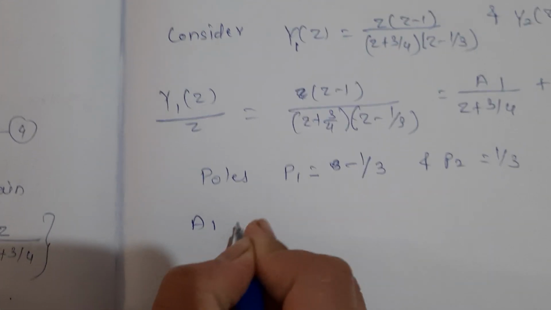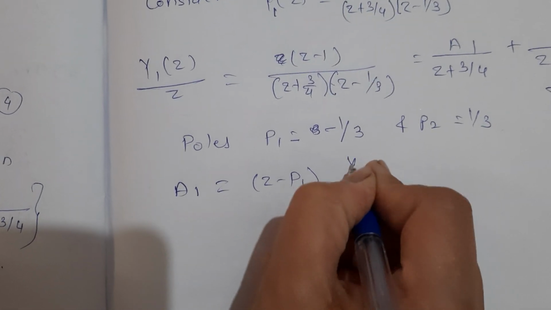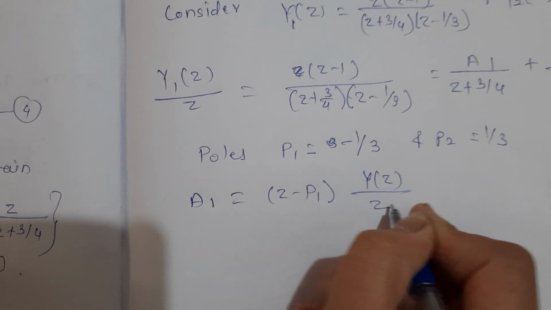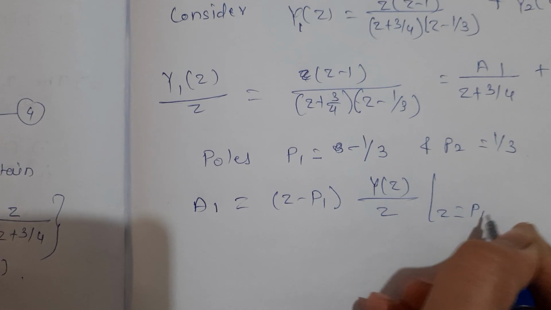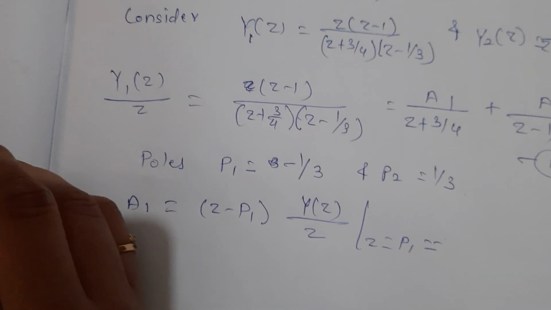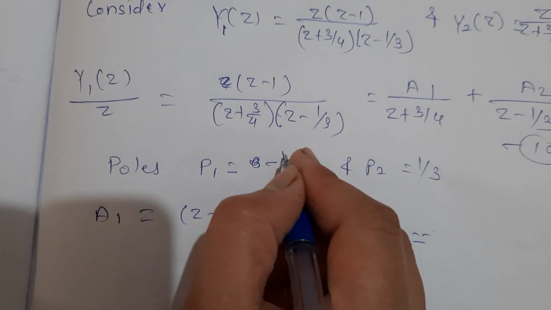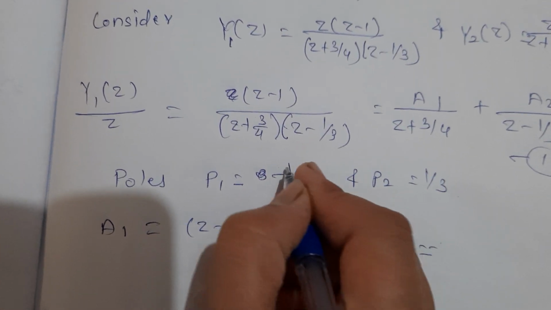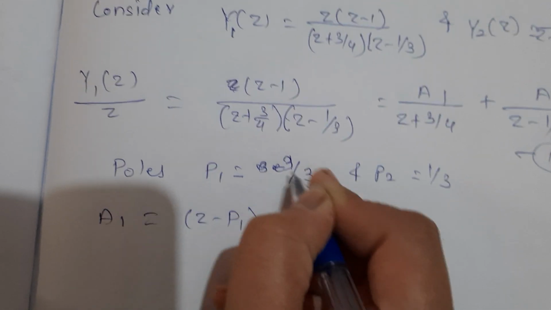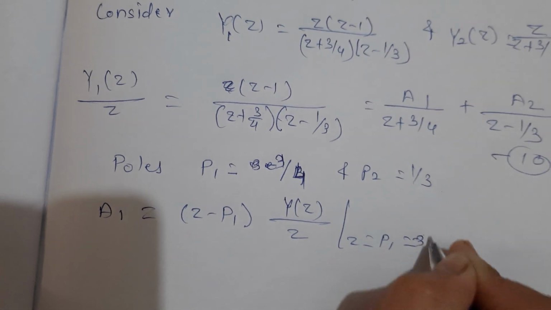We can find a1 as z minus p1 into y of z by z, where z is equal to p1, that is 3 by 4.